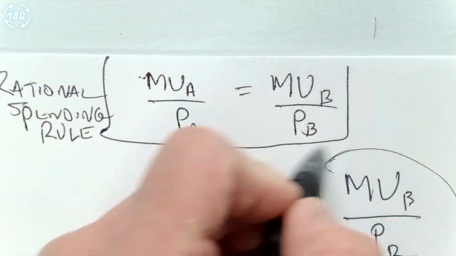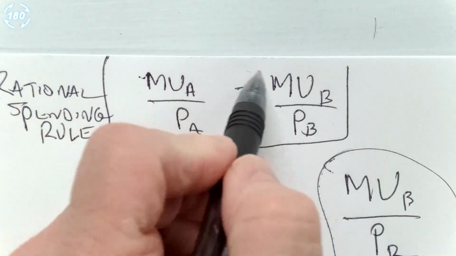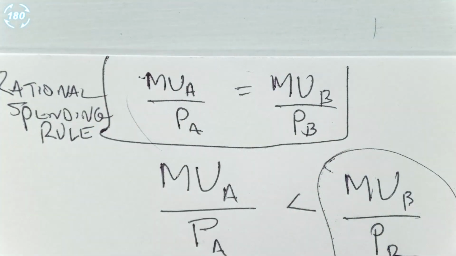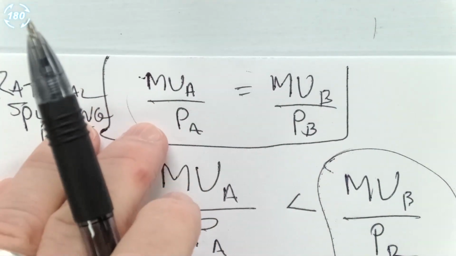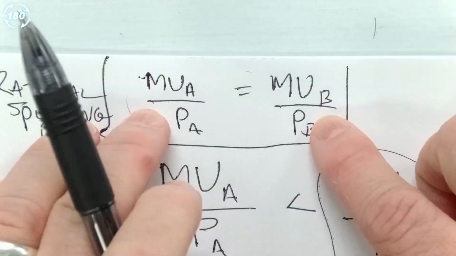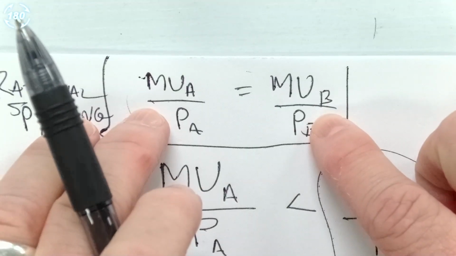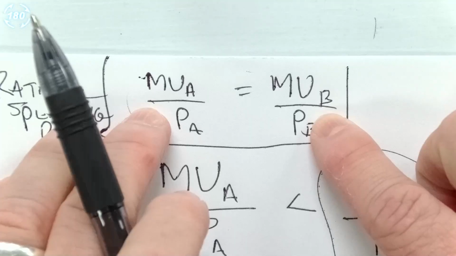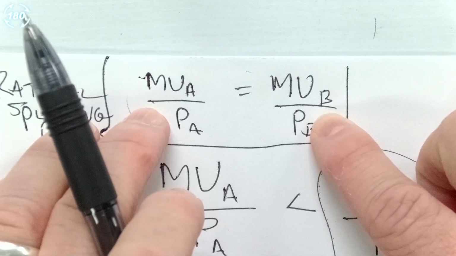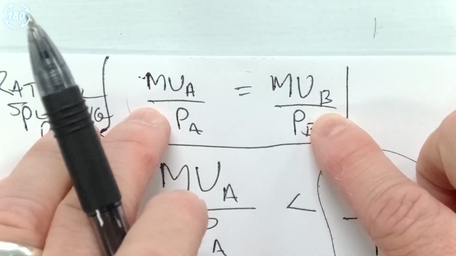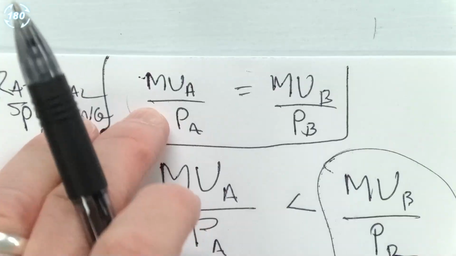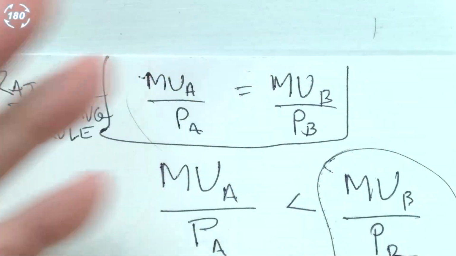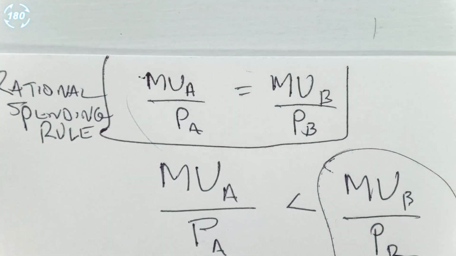So as you spend your budget down, you're going to approach this condition here, and if you don't satisfy this, then you haven't really allocated your budget to the goods, in purchasing the goods that delivers the most satisfaction. You bought too many apples, not enough oranges, what have you. Too many oranges, not enough apples, once you've spent all your money.